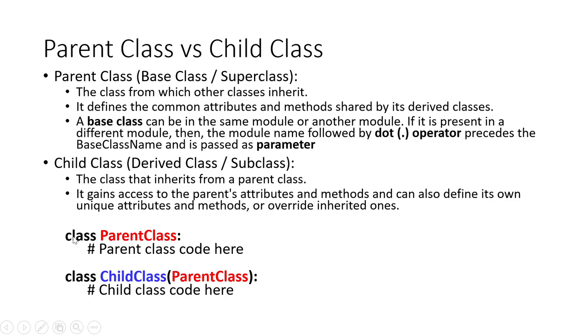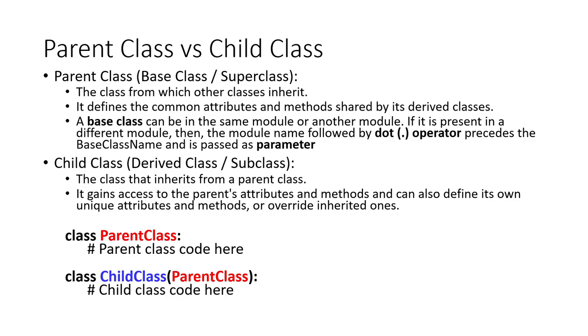You can define class vehicle, class person, class animal, anything based on your need. Next is the child class: class, your child class name, and within the brackets you have to mention the base class name. After that you can have your code.